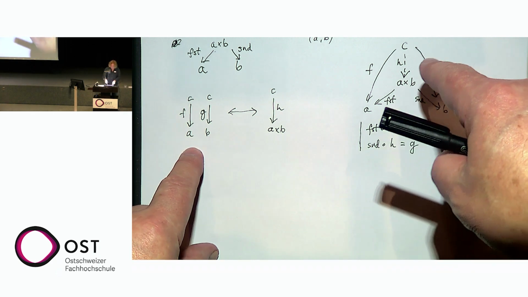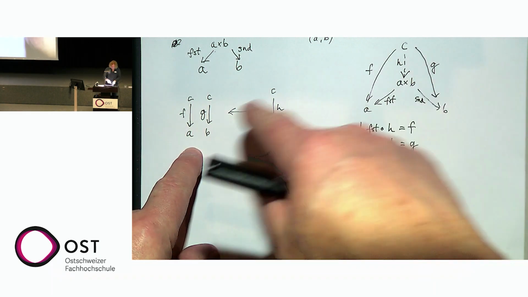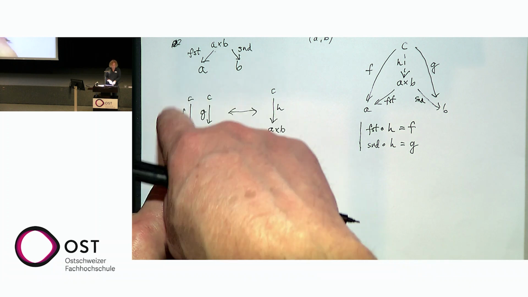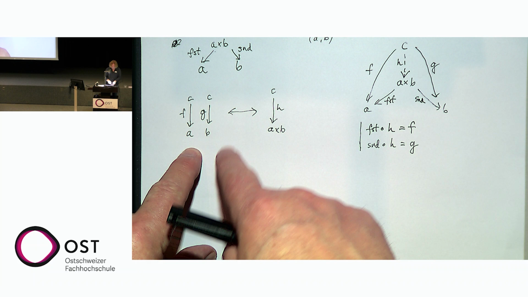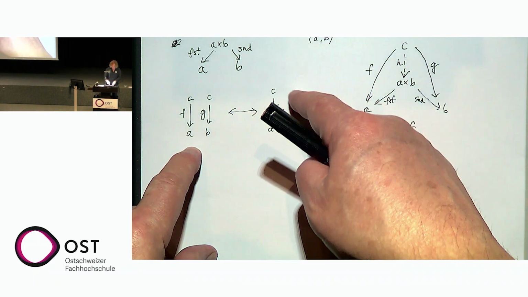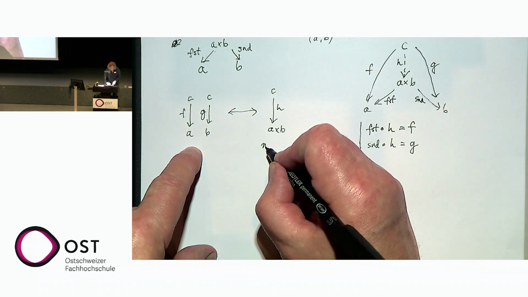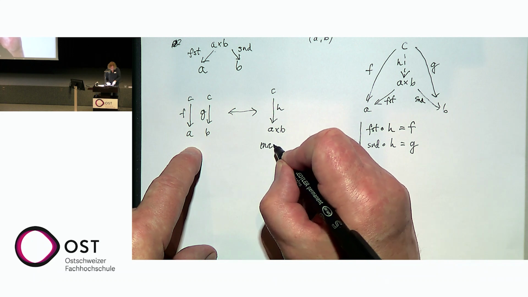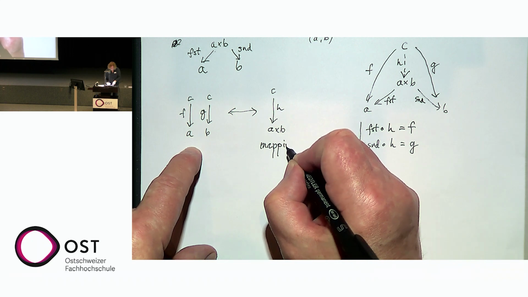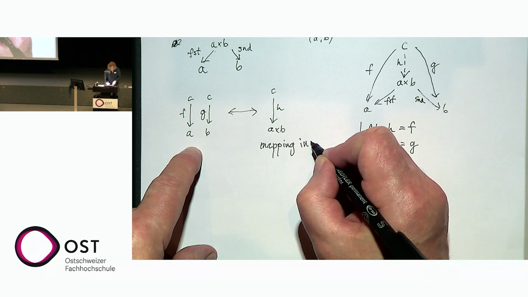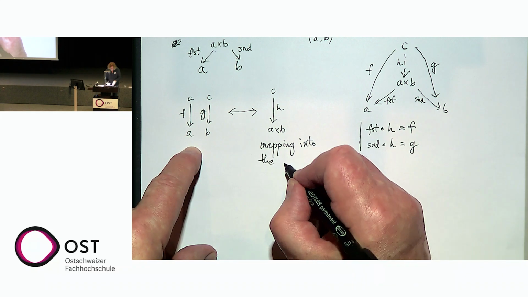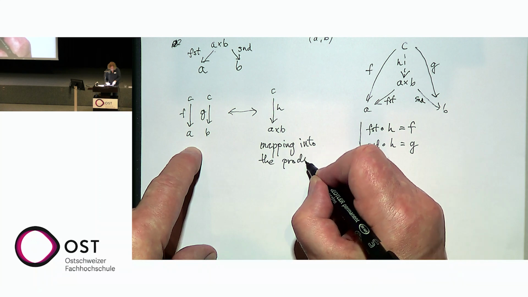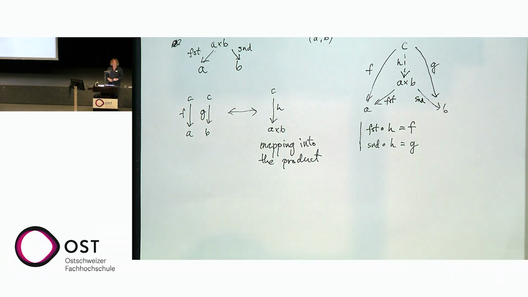So by universal construction, if you give me F and G of this type, right, from C to A, C to B, there is a unique one, which is often called mapping into the product, from the object C.